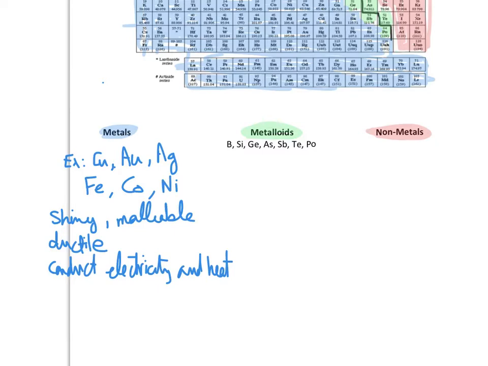Let's look at some examples of nonmetals. So nonmetals are like carbon, sulfur, hydrogen, oxygen, nitrogen, lots of different ones. These are dull, not shiny. They're brittle, not malleable, not ductile.